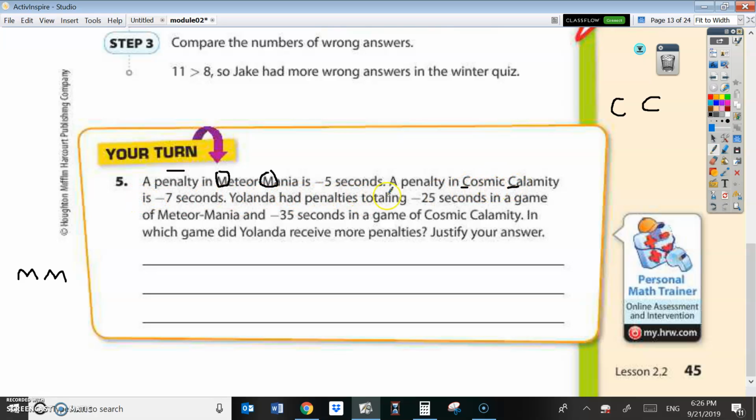Yolanda had penalties totaling -25 in a game of Meteor Mania. So -25 and 35 seconds in Cosmic Calamity, -35 over here. In which game did Yolanda receive more penalties? Justify your answer.